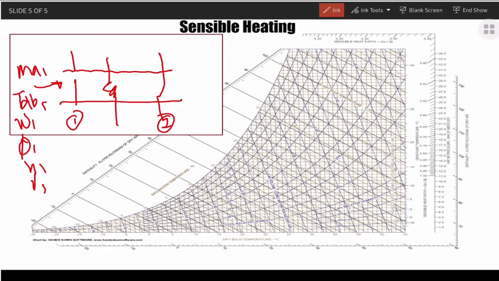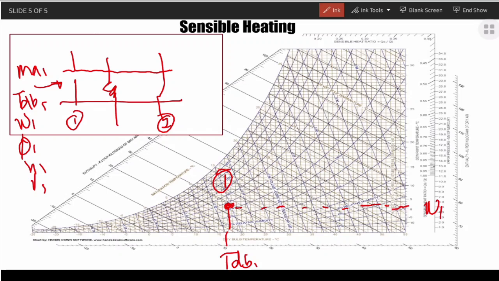So we plot it here, somewhere here. The temperature is much colder, like that. So we have the relative humidity, the dry bulb temperature 1, while the humidity ratio is this one.